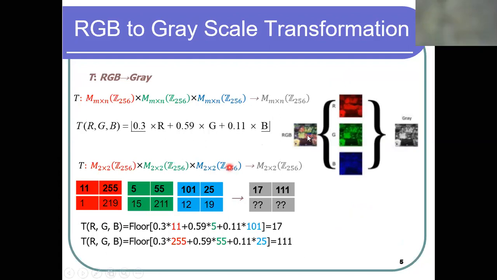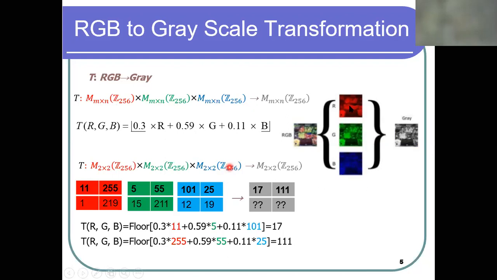This color image consists of three matrices: one, two, three. If you merge these, they generate only one grayscale image, which consists of only one matrix. So the RGB to grayscale transformation takes three matrices and maps them onto one matrix.